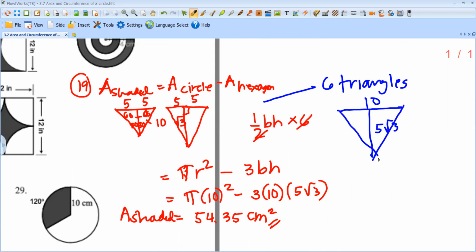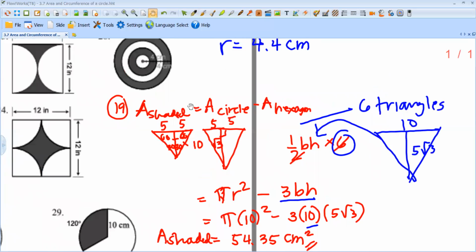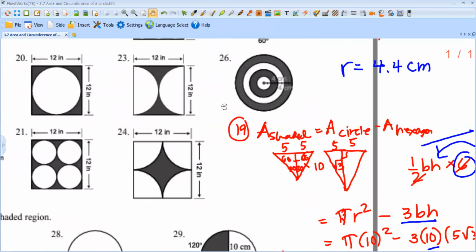The area of the triangle is half of base and height, but since there are 6, we multiply by 6 and then divide 6 by 2, which is 3, so 3bh. The base is 10, the height is 5 square root of 3, and the area of the circle is pi r squared. Okay? Did you get it? Any question?